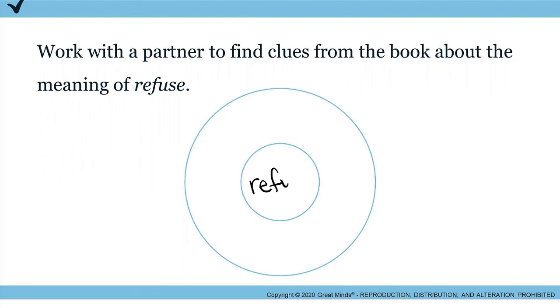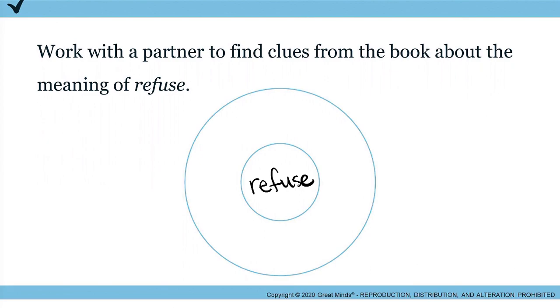We're going to write refuse. And the same thing, we're going to do a small circle around it and then a larger circle. And we're going to look for clues from the book about the word refuse and what that might mean. And we're not going to do this with a partner today, but I am going to give you a hint on where we can look.